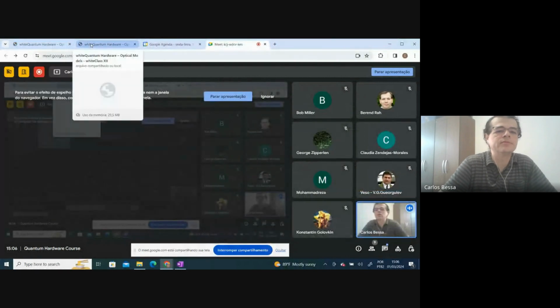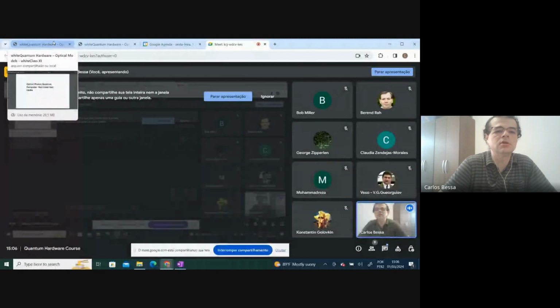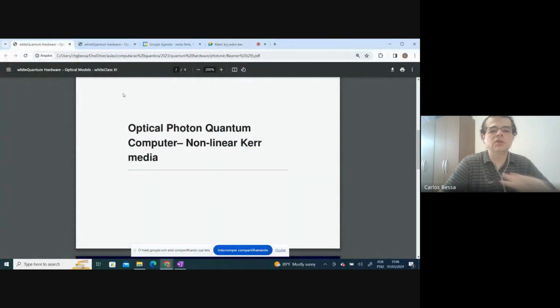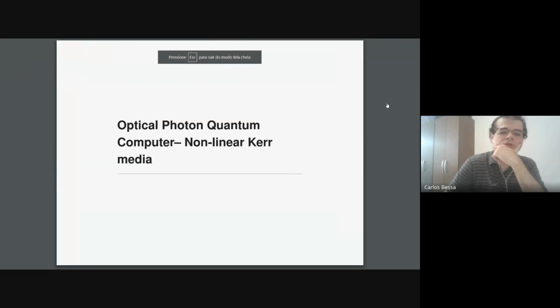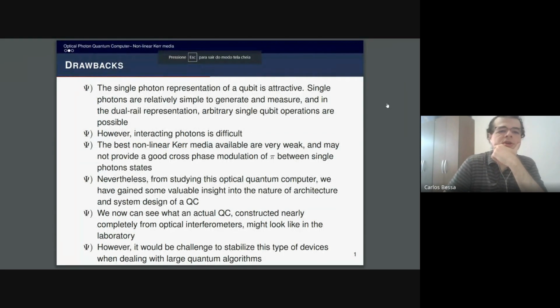So okay, let's see here. Okay, this is still a nonlinear Kerr media optical photon quantum computer. I just forgot in the last section to discuss a little bit about the drawbacks when we finished. And just to say, it's basically what is in the Nielsen book.